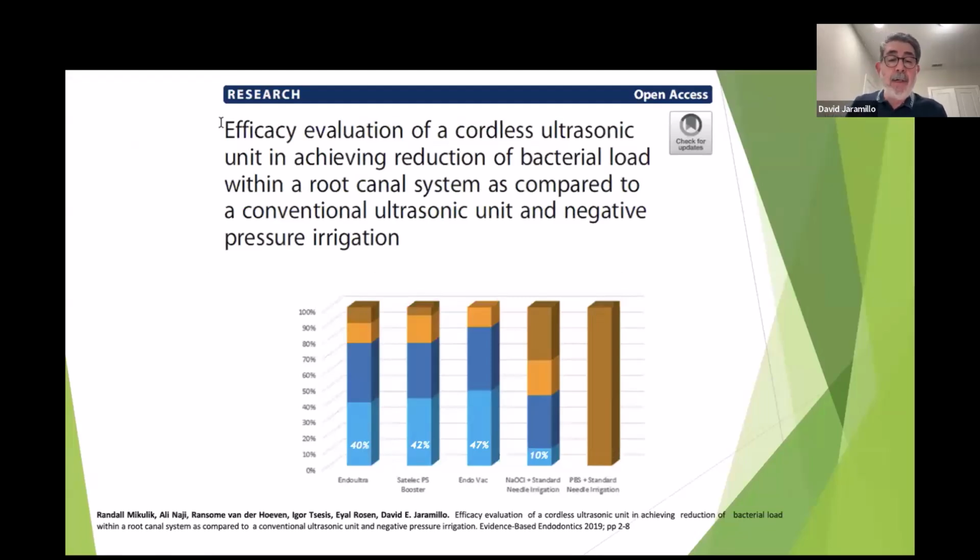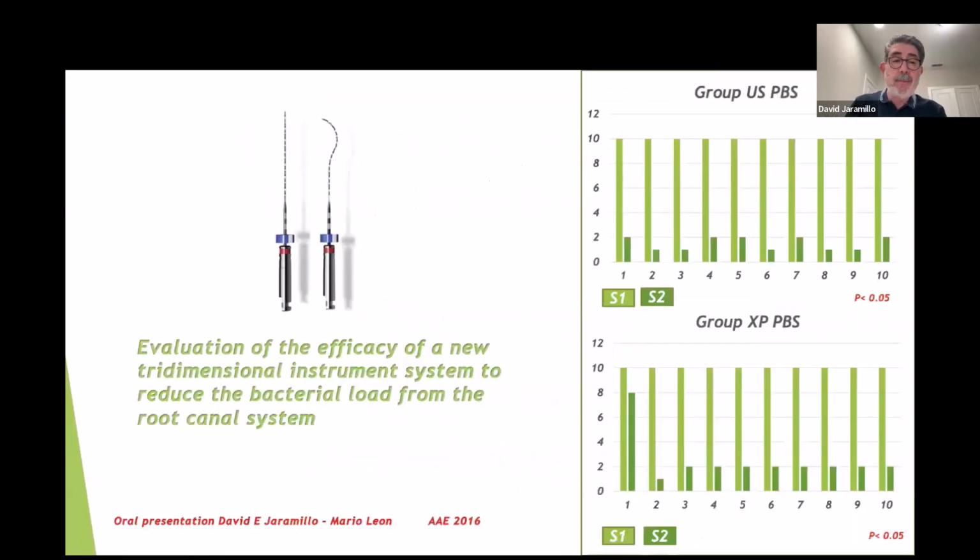Then another research that we have done with ultrasonic is to compare two different types of ultrasonic units, the conventional ultrasonic unit versus the cordless ultrasonic unit and EndoVac. We didn't find any difference between those. This is the XP finisher file. Probably some of you have used it.